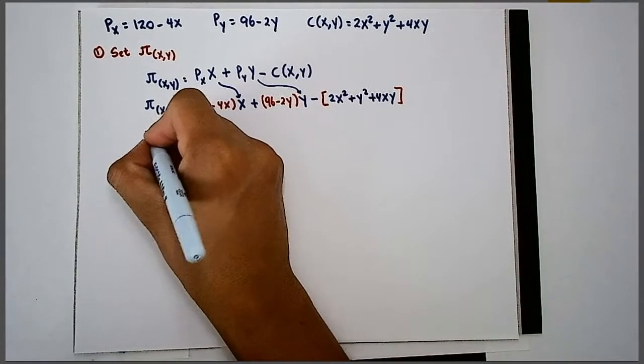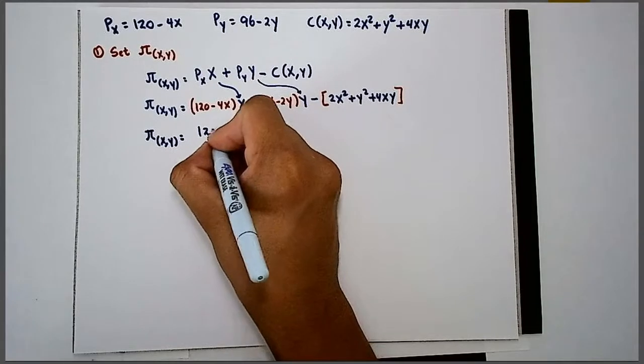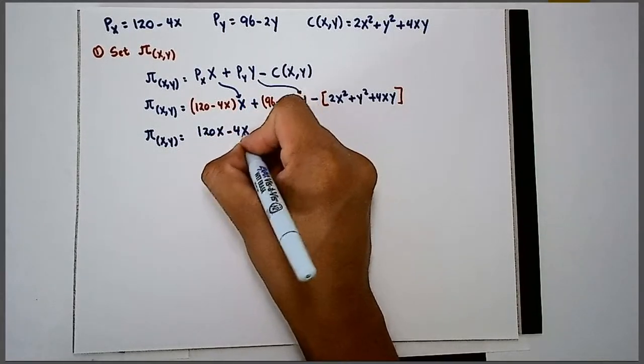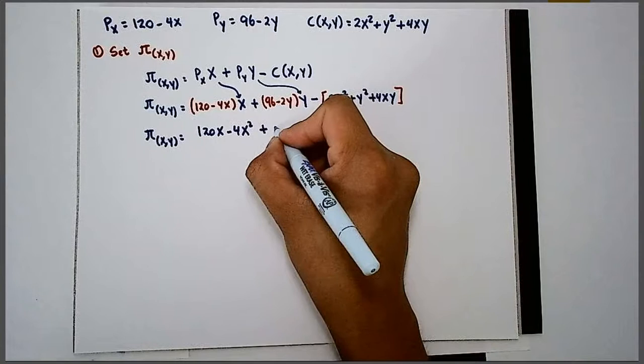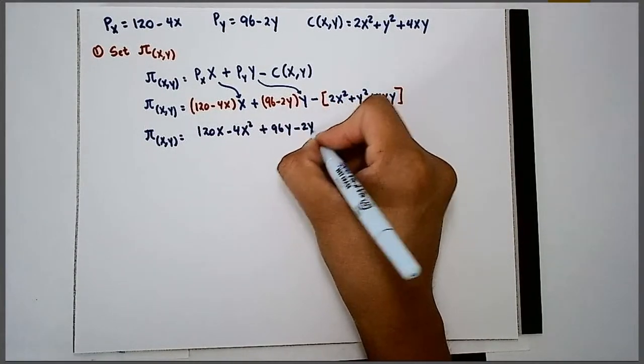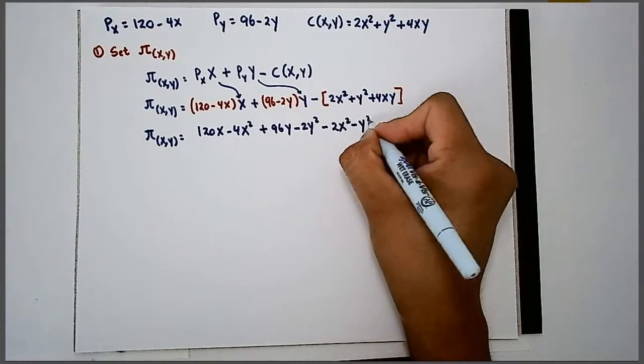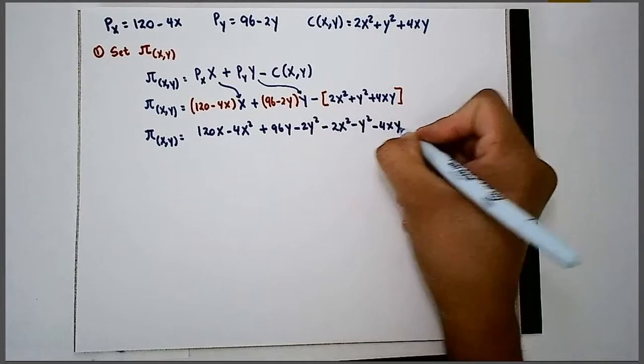Now let's proceed with the simplification using algebra. So this is 120x minus 4x squared plus 96y minus 2y squared minus 2x squared minus y squared minus 4xy.